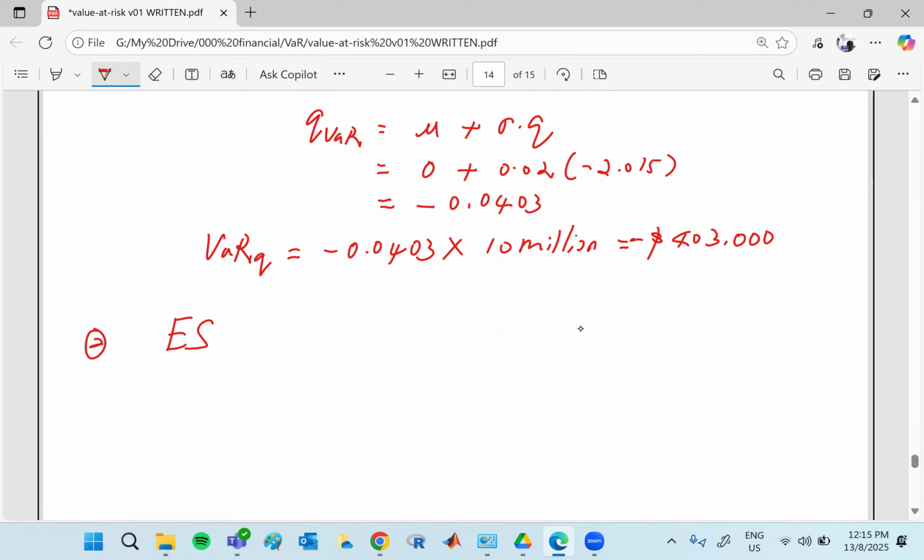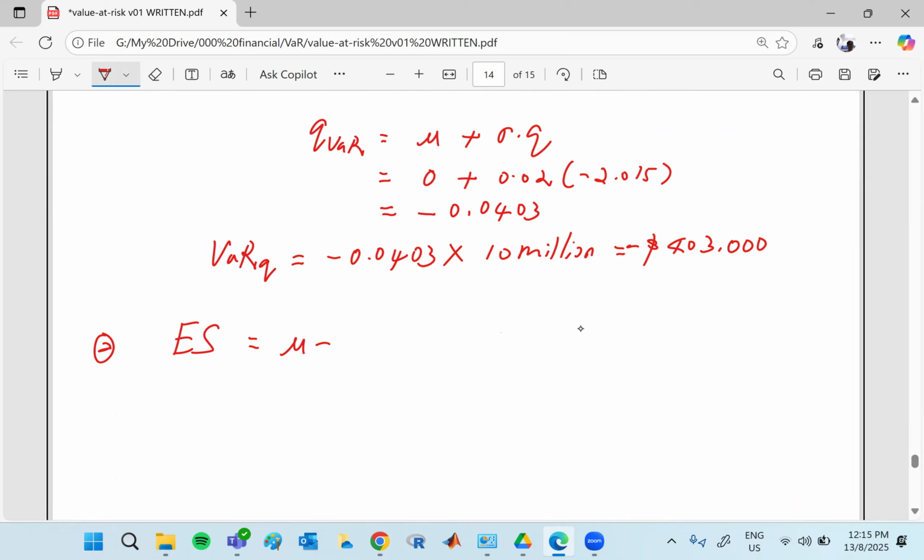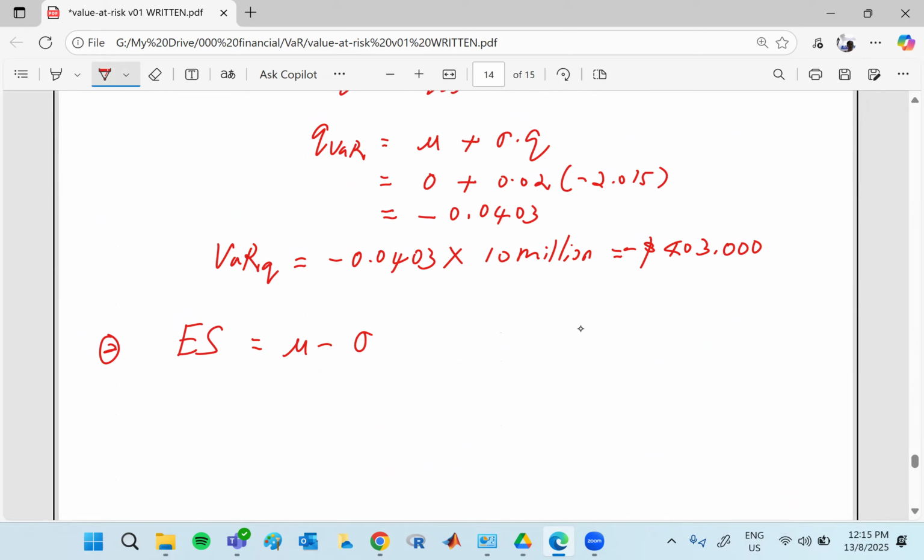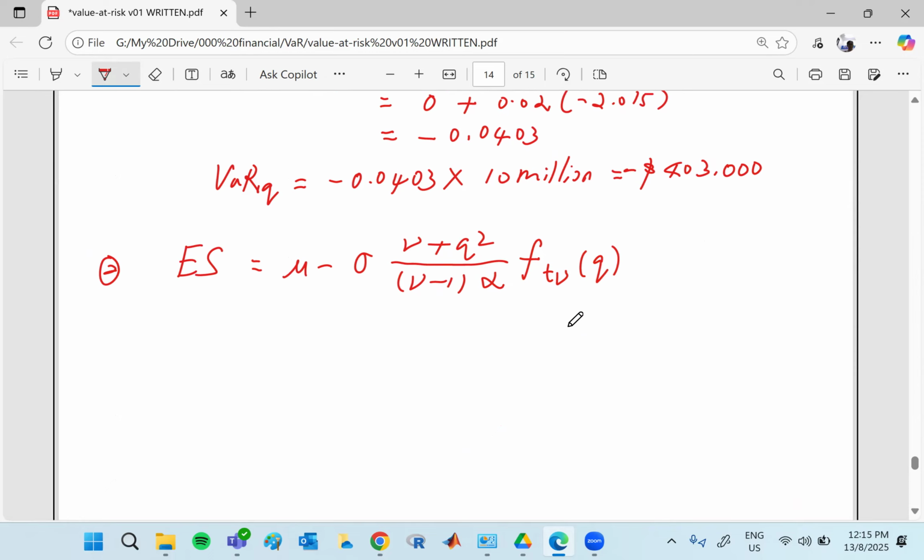We know that ES is mu minus sigma times a formula we derived earlier, involving the PDF with degree of freedom, the quantile Q, and the percentage alpha.